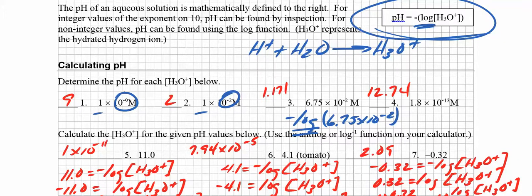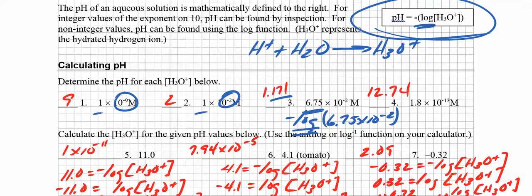1.171. I want to talk just a little bit about significant digits at this point. There's a special rule for significant digits of logarithms, and that is you're going to look at the total number of significant digits in this part of the number. 6.75 obviously has 3 significant digits. What that allows me to do is have 3 numbers to the right of the decimal.